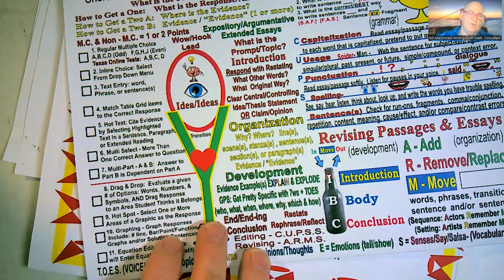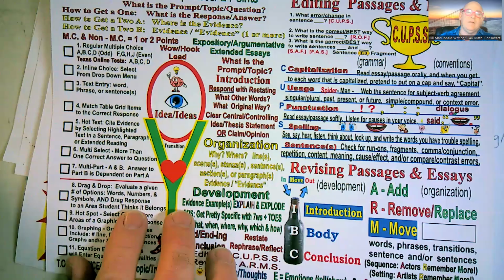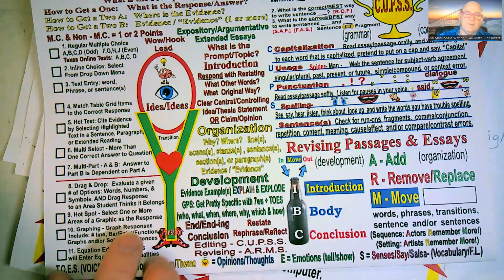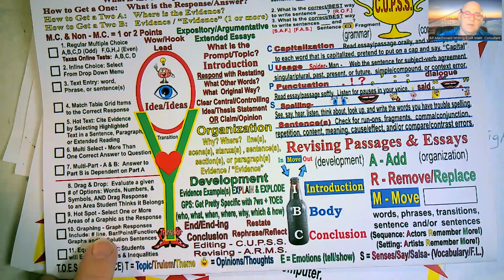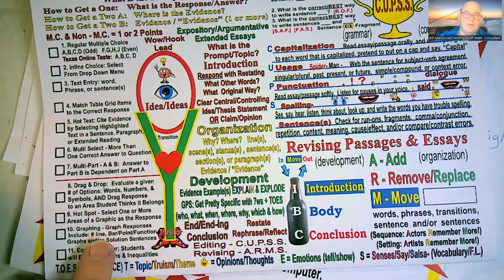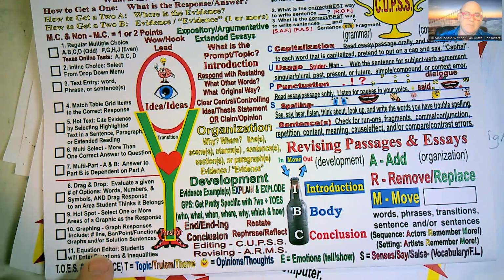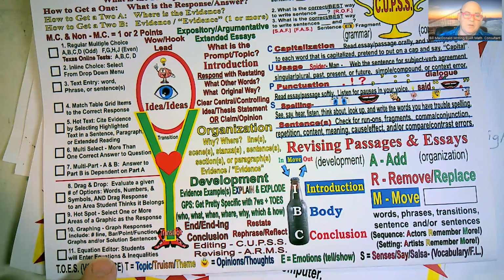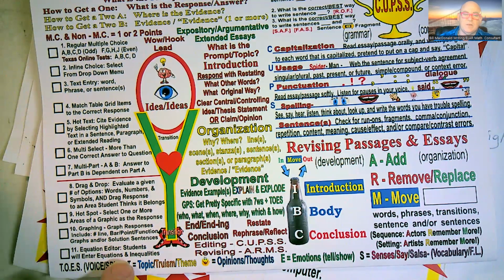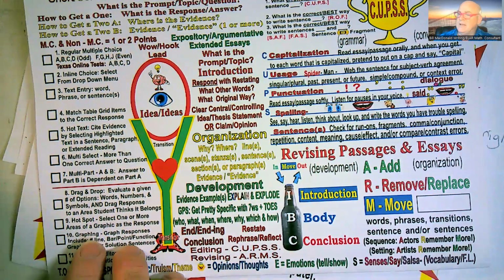But if you look down here, the one we're going to look at today, if it's below the line, it means it could be for any other subject other than reading and writing. So number 10 says graphing, graph responses, including a number line, a bar point function graph, solution sentences, and then 11, another math one. Equation editor, students will enter equations and inequalities. This is going to be more like number 10.